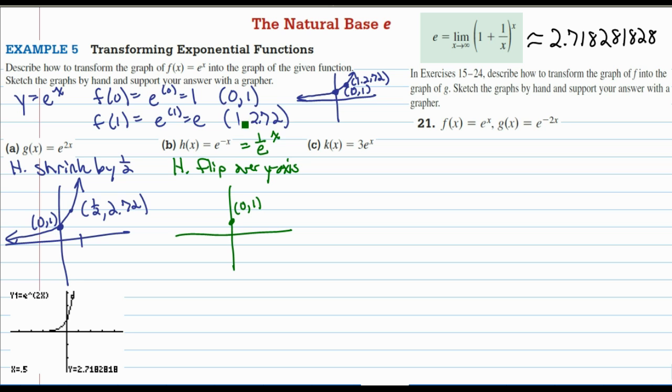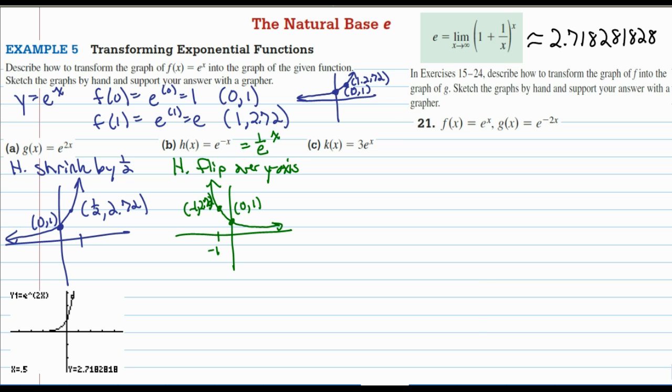But now instead of positive 1, 2.72, it's going to be negative 1, 2.72. Which makes this an exponential decay function because my base is now the reciprocal, 1 over 2.71, and 1 over about 3 is definitely going to be less than 1.